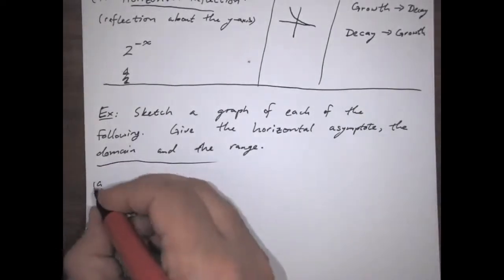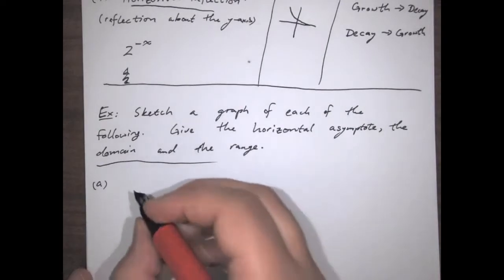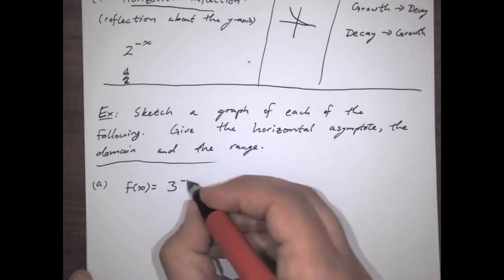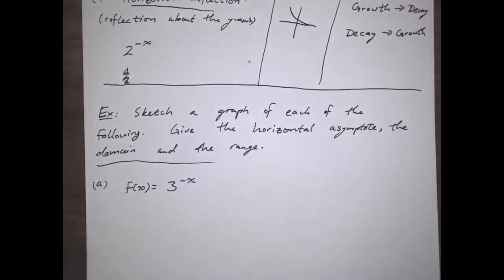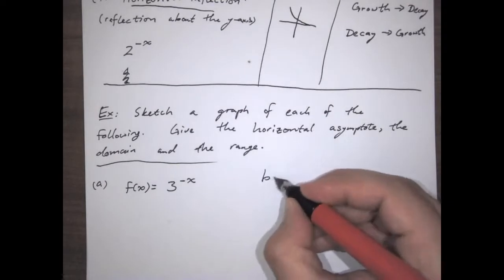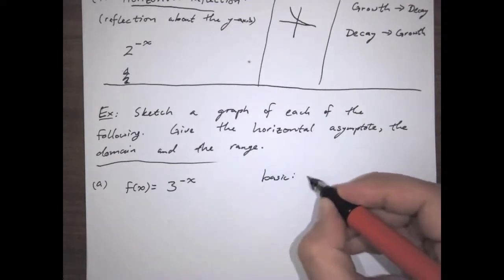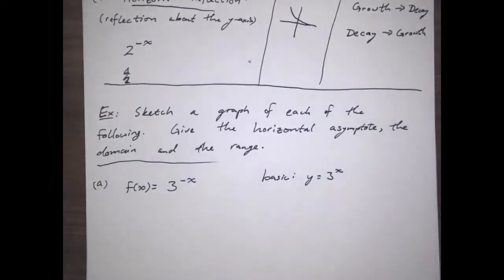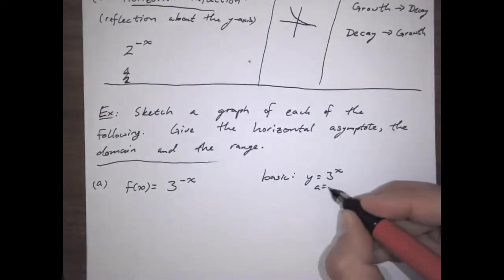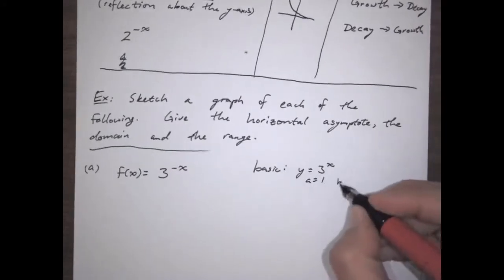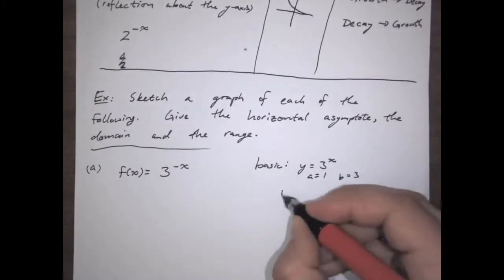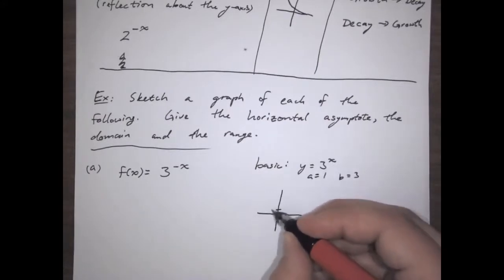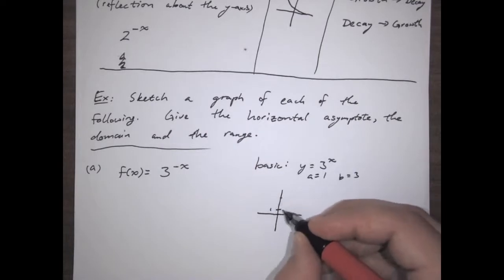Alright, so first off, let's take as a graph f of x is equal to 3 to the negative x. So first off, the basic graph here is y equals 3 to the x, which is just a nice regular exponential function with an a of 1, b of 3. So the basic way this should look is it should be equal to 1, and it should be equal to 3.